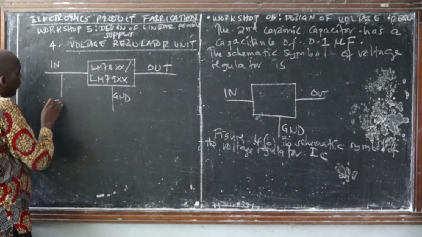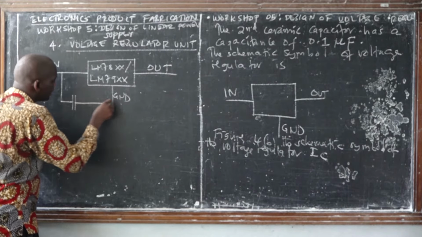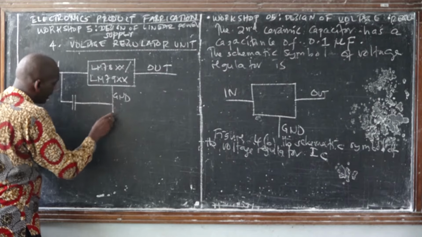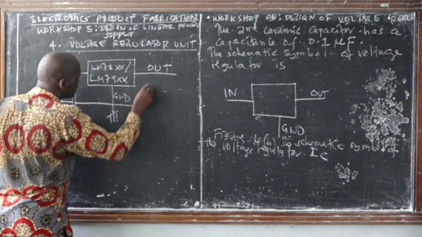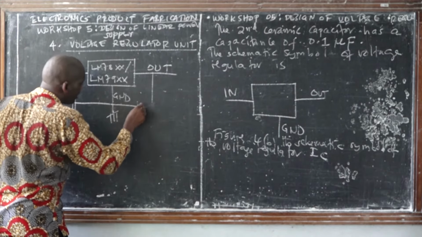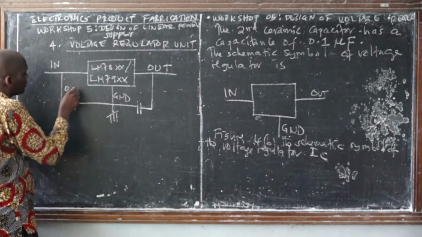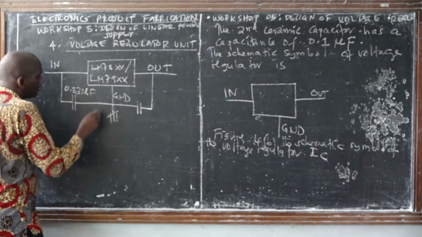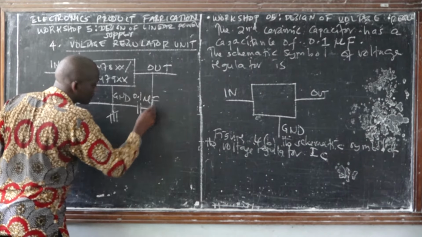Here we connect one ceramic capacitor in parallel, connected to ground as usual, and at the output terminal another ceramic capacitor. The capacitance of this one is 0.33 microfarad, and for this one it is 0.1 microfarad.